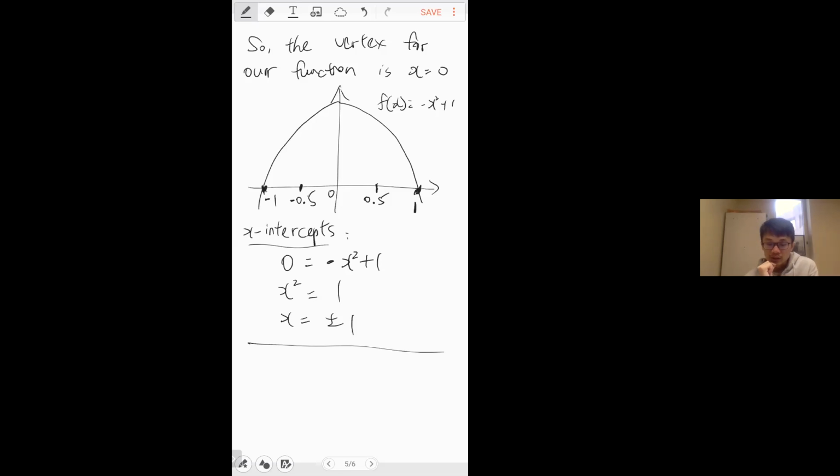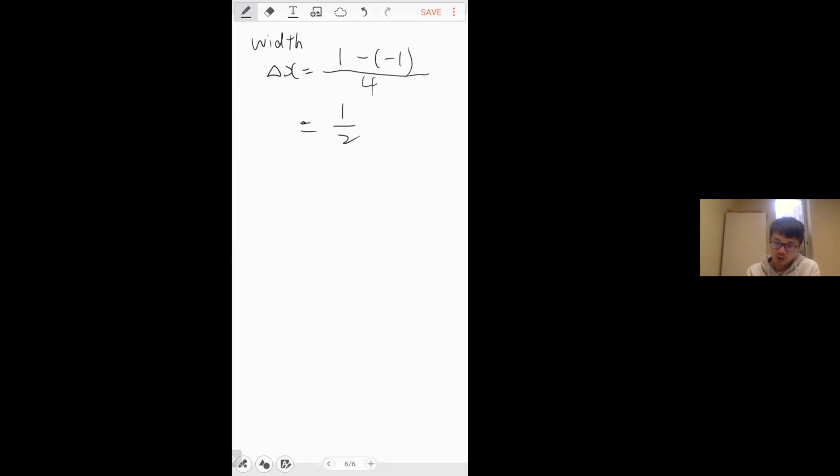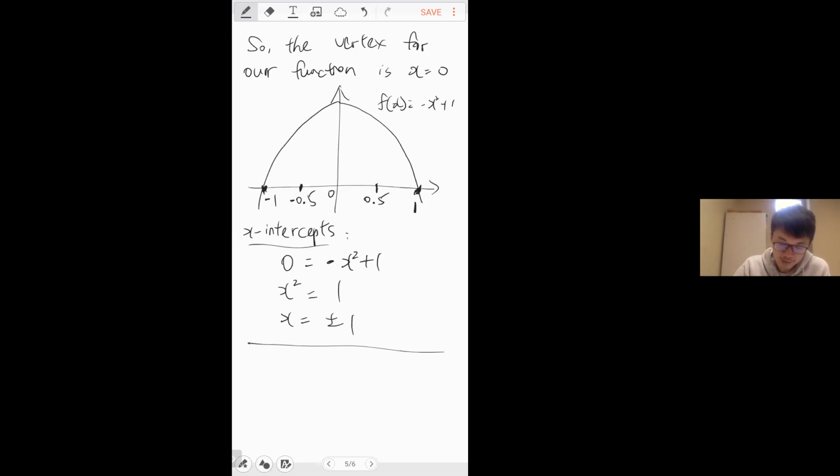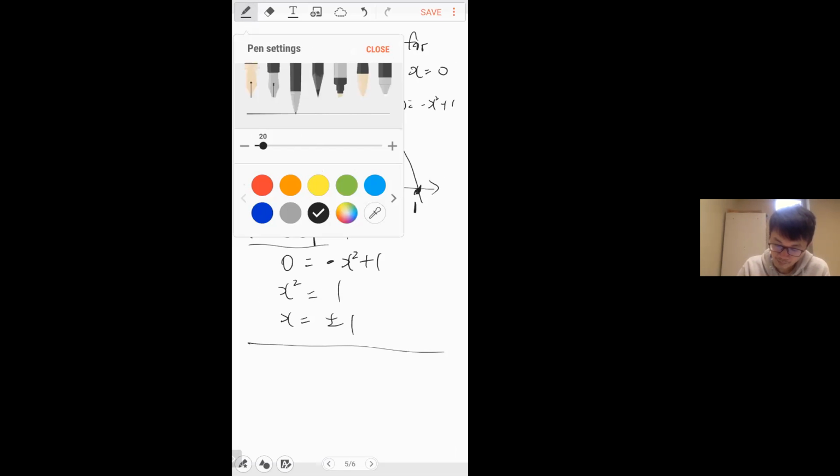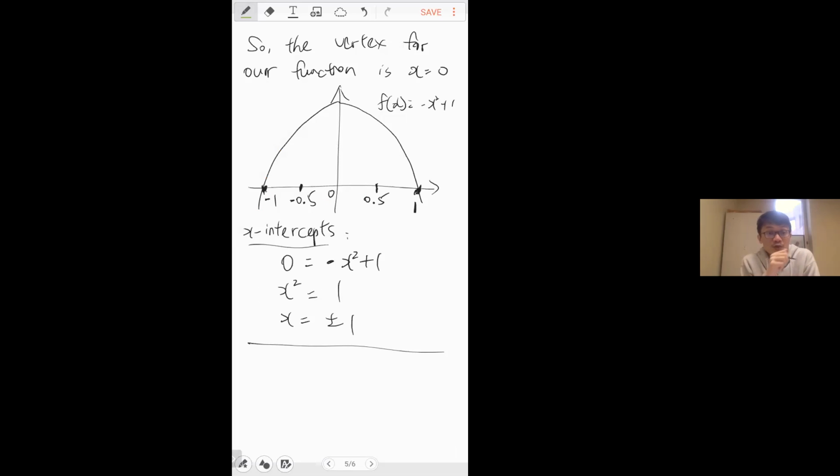Okay. And let's say we want to do overestimate first. So let's do overestimate. For overestimate, let's use green. For overestimate, what do we do? So focusing on the first interval between -1 and -0.5, which one is the highest point?